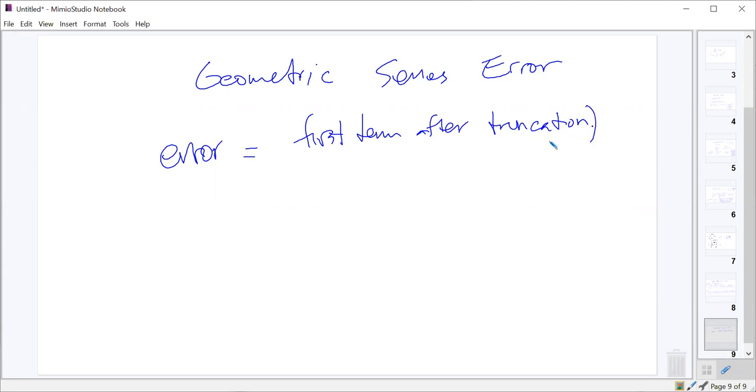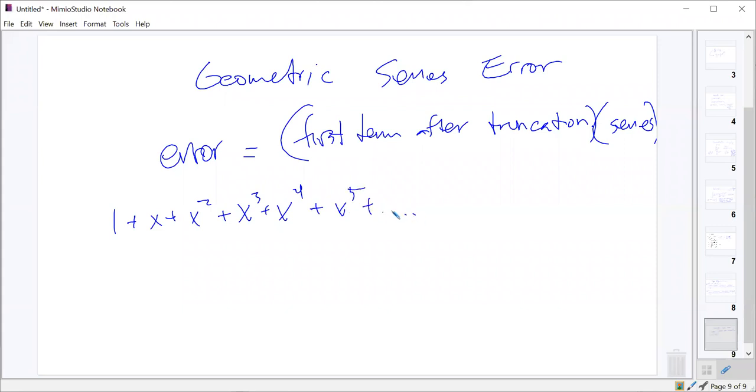So suppose I had our basic series for 1 over 1 minus x: 1 plus x plus x squared plus x cubed plus x to the 4th plus x to the 5th, and so on. And let's suppose I truncated it into a 4th degree polynomial. So we truncated it right here.